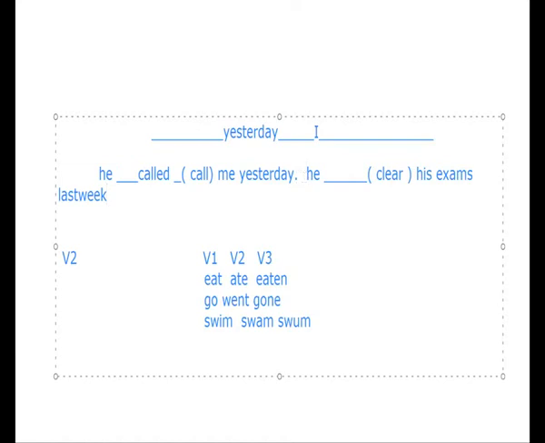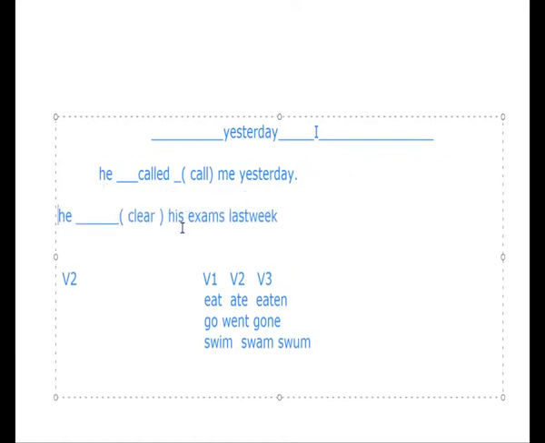He cleared his exams, or clearing, or will clear, what? That I will check with this. Where do you want me to put this? Last week also means past. Time indicates past. And how many actions are there in the past? Only one action. So don't think. Cleared. That's it.